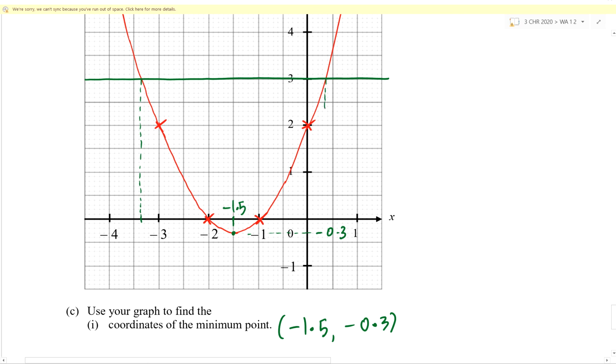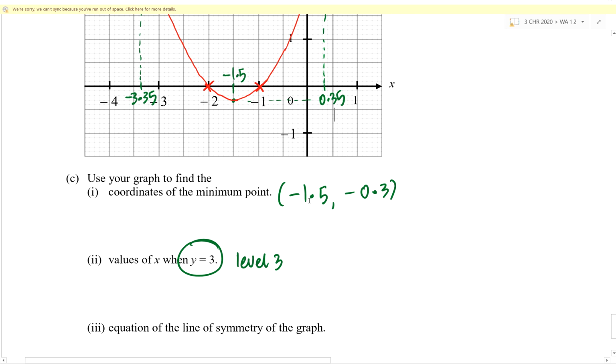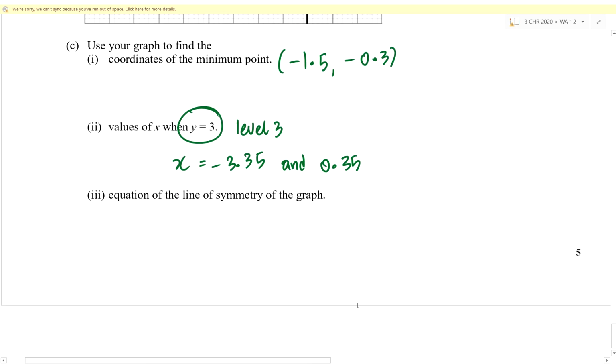And over here, I can see that this is negative 3.35. Over here, this value is 0.35. These are my two x values. Your x values may be the same, they may be slightly different. So x equals negative 3.35 and 0.35.